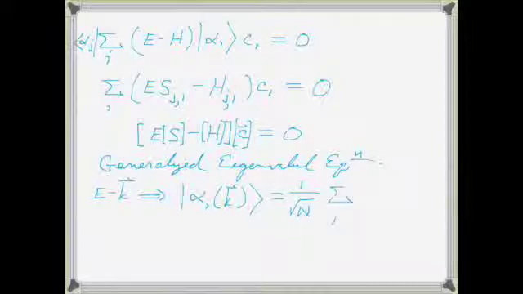Sum over all your unit cell vectors, e to the i k dot r, alpha i comma r. So alpha i is like your orbital index, r is your unit cell index. So the sum is as usual over all the lattice vectors r, corresponding to the n primitive cells in the crystal.